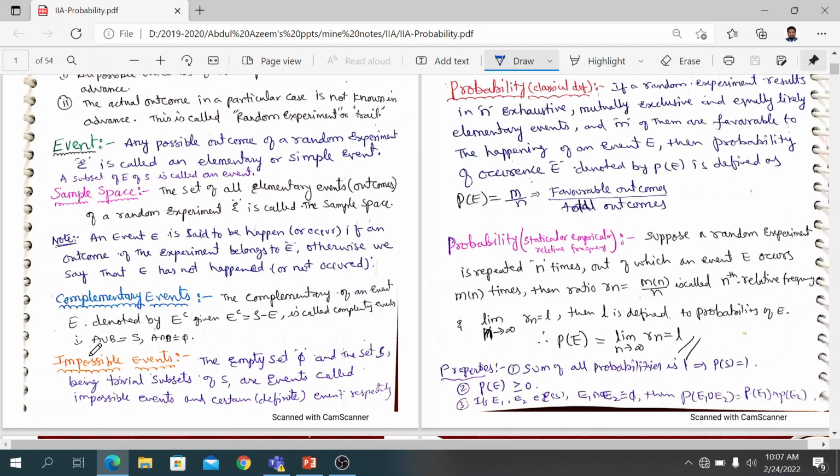Next definition, impossible event. The empty set phi and the set S, being trivial subsets of S, are events called impossible event and certain event respectively.